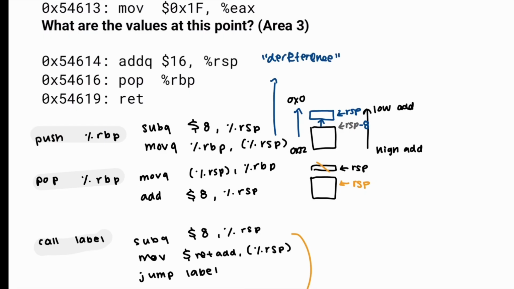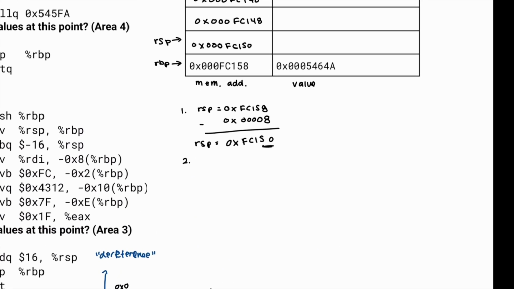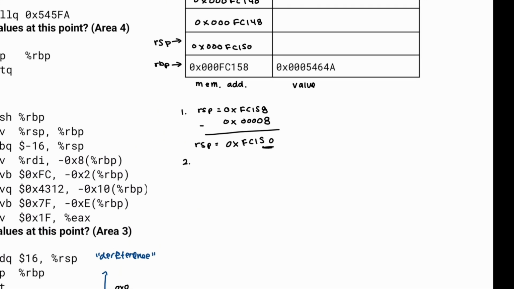First, we go to RSP, find its value, which is FC150, and that memory address points to some value over here, and we're going to take whatever RBP is equal to and place it in this space. We're not changing the value in RSP, we're changing the value at the memory address that RSP points to. So this is going to be 0x000FC158. And that's how push works.